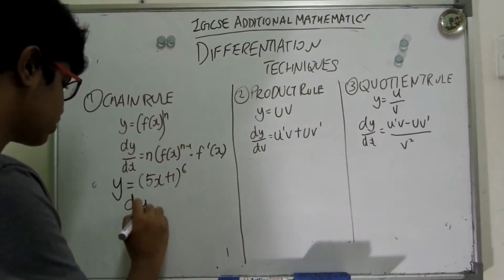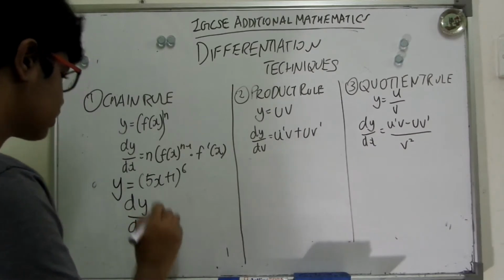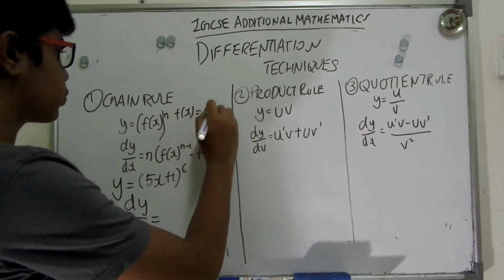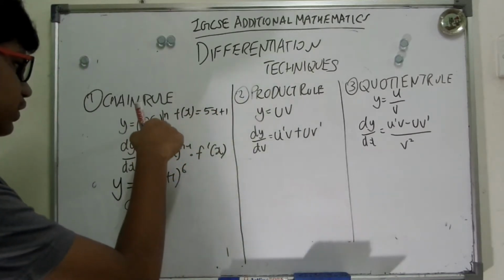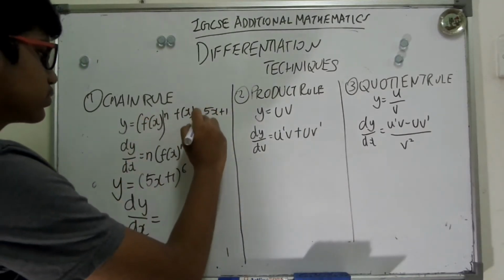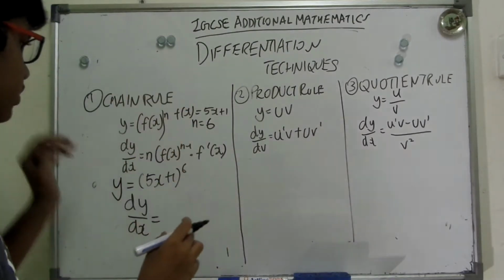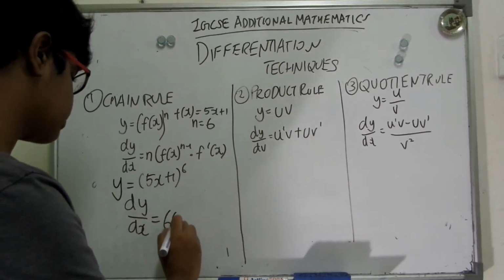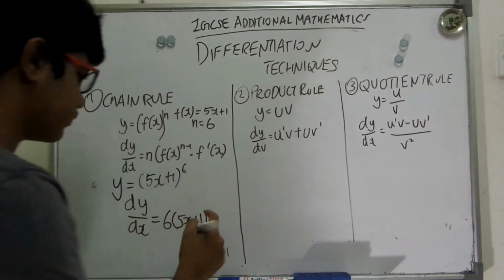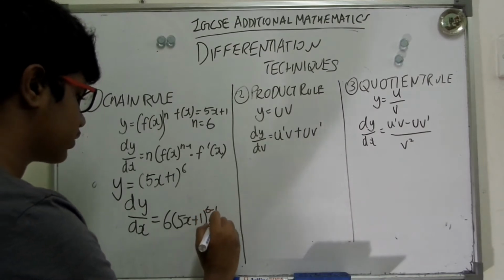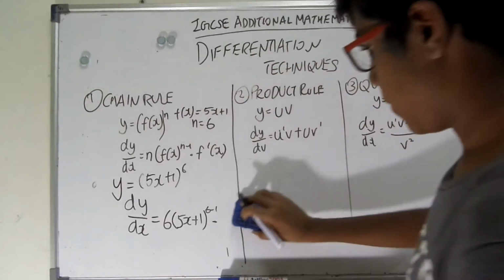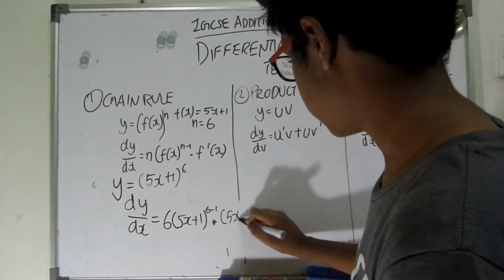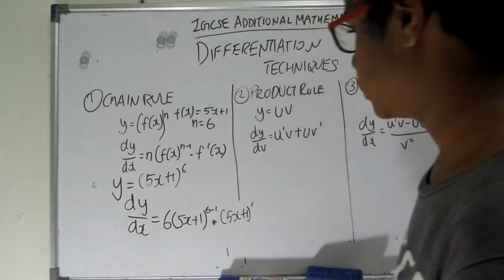So differentiating this function, dy over dx, using this rule, assuming that f(x) is equal to 5x + 1 and the exponent is equal to 6. Applying this, bring the exponent down: 6(5x + 1) to the power of 6 minus 1, times 5x + 1 differentiated.